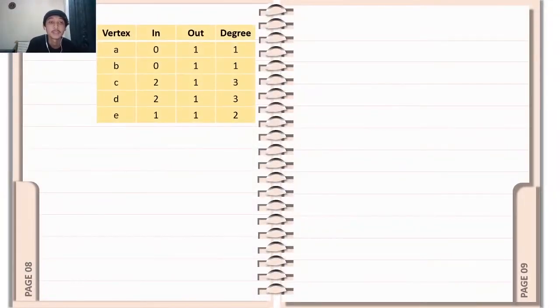And then we need to determine the degree, the in degree, and the out degree for each vertex. For your information, degree is determined by in degree plus out degree. As we can see, vertices A and B have the same in and out degree, which is 0 and 1 respectively. So the degree for vertices A and B is 1.